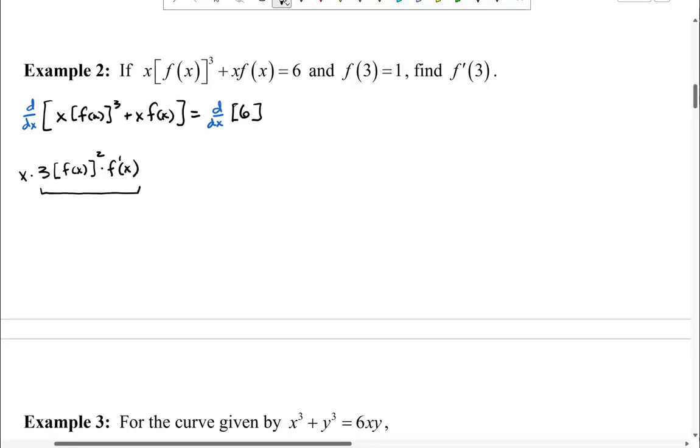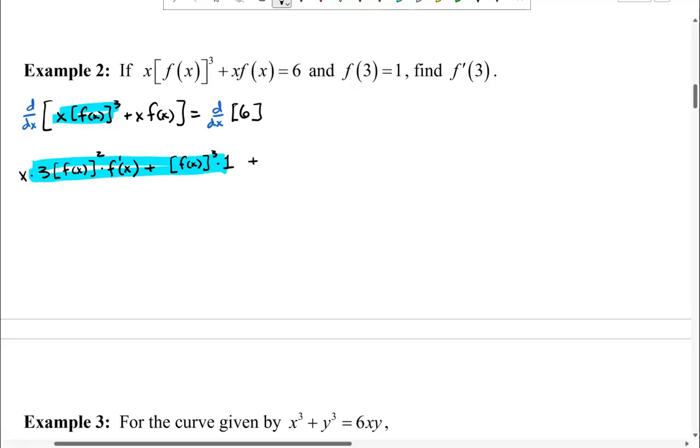Again, this is the chain rule applied to this function right here. So there's the first times the derivative of the second plus the second times the derivative of the first. So there's the product rule on this first part right here.